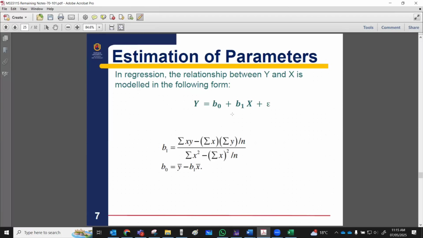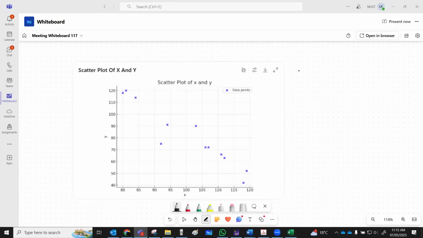Sometimes we have a and b, same thing. Whether we use a and b over here, it doesn't really mean anything. Even your calculator uses a and b. But basically, we want an equation y is equal to b naught plus b1 x.